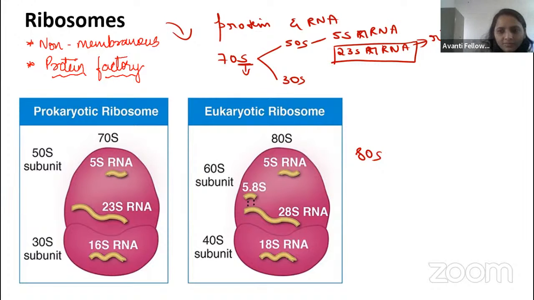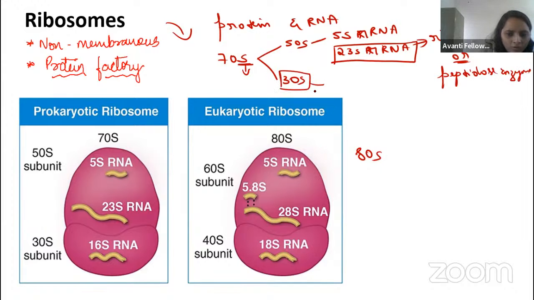Ribozyme activity, guys, or we will call it peptidase activity, the peptidase enzyme. Then coming to the 30S, it has only one RNA, that is the 16S rRNA.